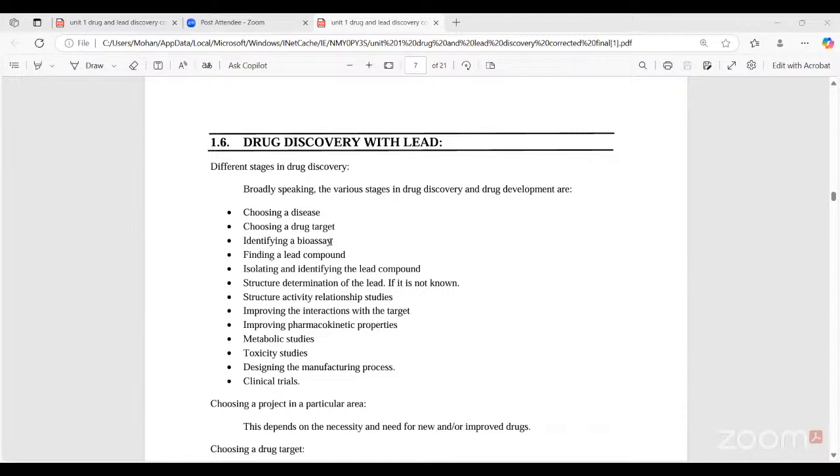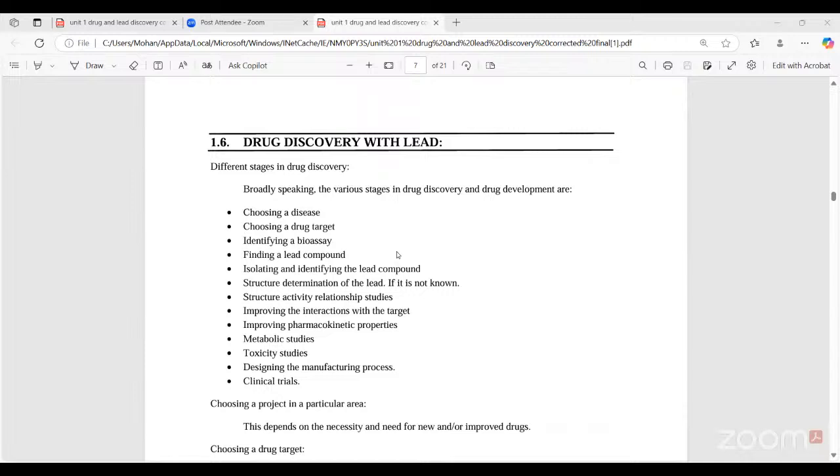And then find a lead compound. A lead compound is the smallest molecule having pharmacological and biological activity, but with some undesired properties like toxicity and side effects.